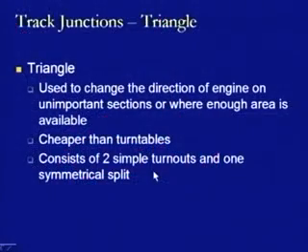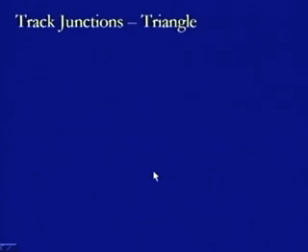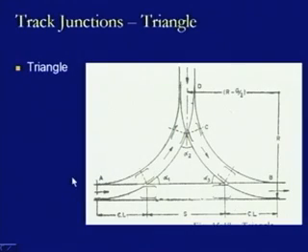And it consists of two simple turnouts and one symmetrical split. We will be looking at the diagram of a triangle. This is the main track, and we are interested in changing the direction of the engine. It is not possible to do that using the same single track. So, what we are doing is we have provided the connectivity like this.